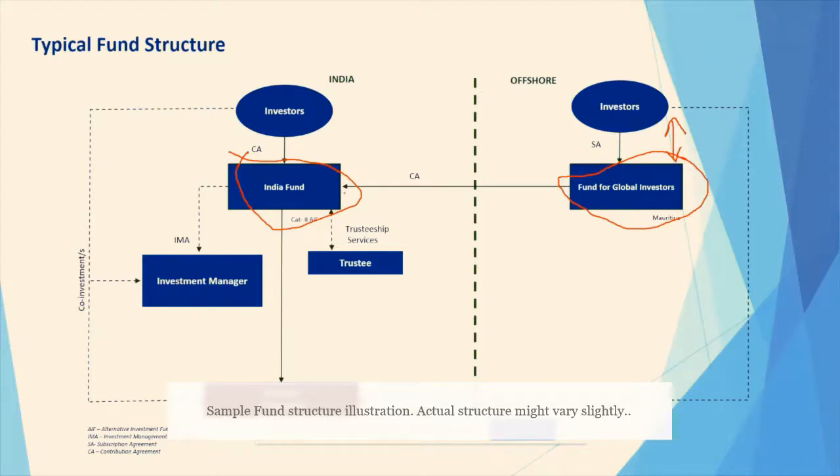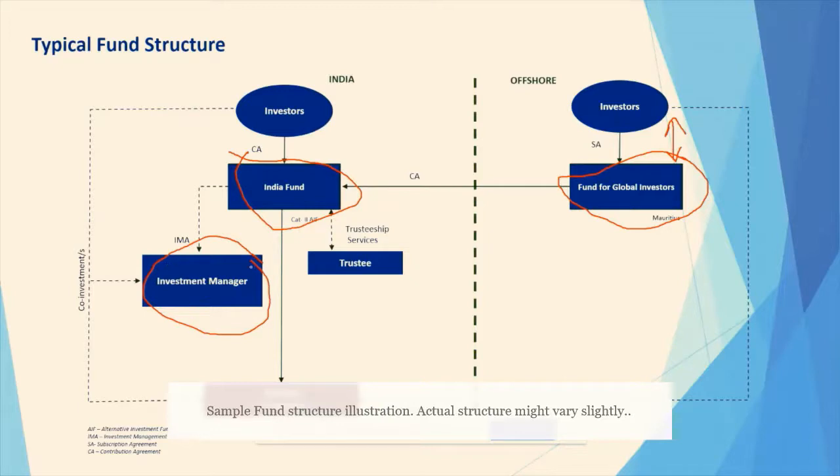Now, what typically happens is this India fund will then appoint a trustee who will provide the trusteeship services. And then this India fund will also enter into an agreement with the investment manager. Now, remember, this investment manager is an independent person or entity.